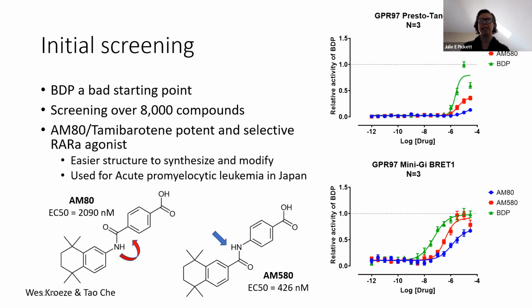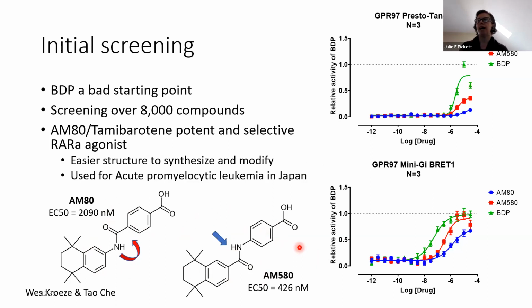In addition to AM80, in another library they found a compound, AM580, another very specific retinoic acid receptor alpha agonist. The difference between these two is that this amide is inverted. When that is inverted, your EC50 goes from around 2 micromolar to around 400 nanomolar. That's in the mini Gi assay.